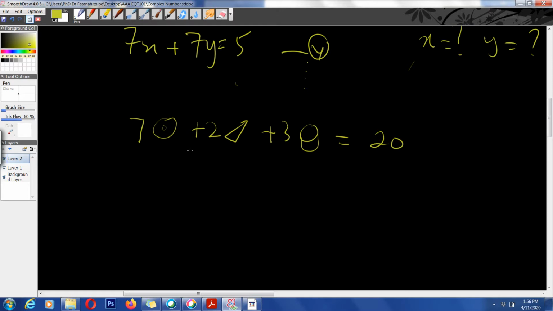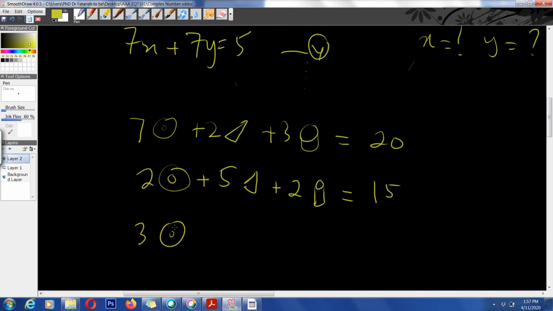In another restaurant, we have 2 donuts plus 5 cakes plus 2 teas, and we have 50 ringgit. And then in the same restaurant, the customer pays for 3 donuts, 2 cakes, and 1 tea, for 10 ringgit, for example.